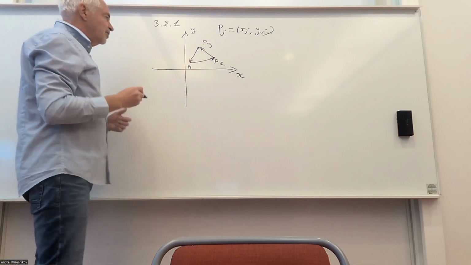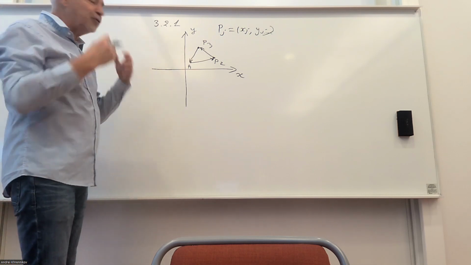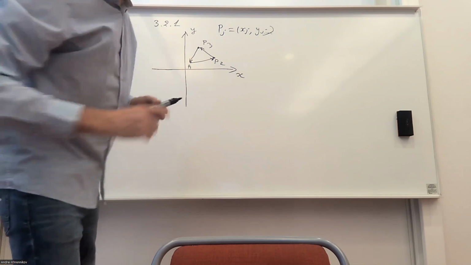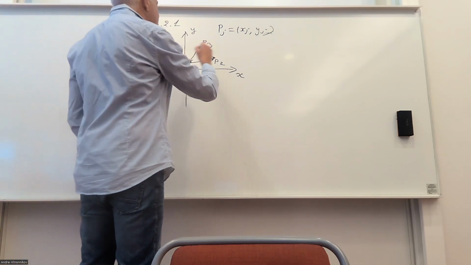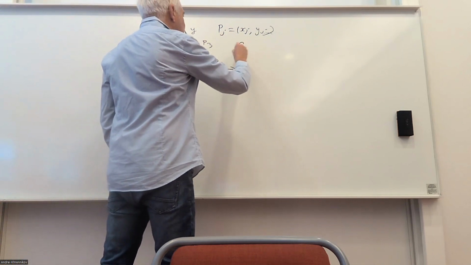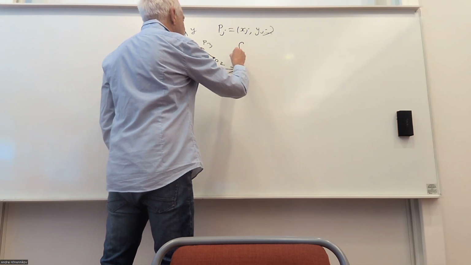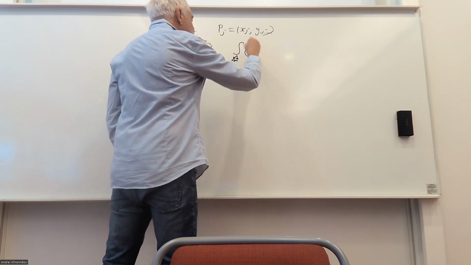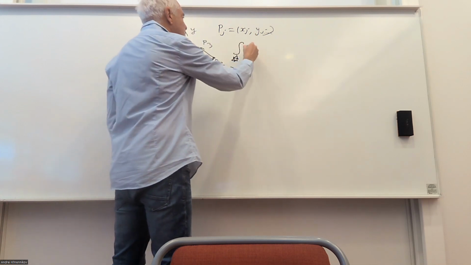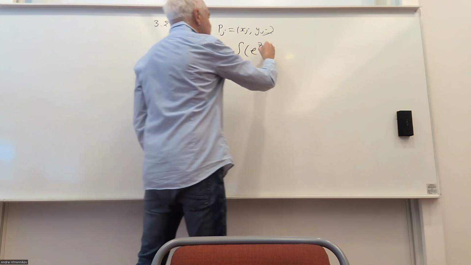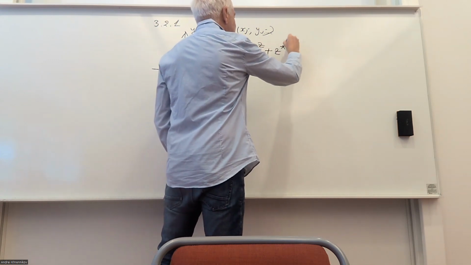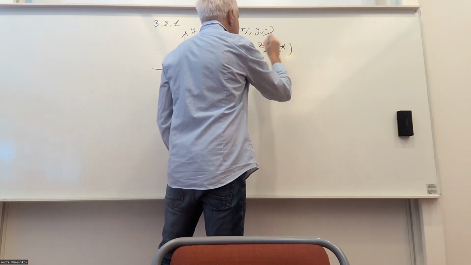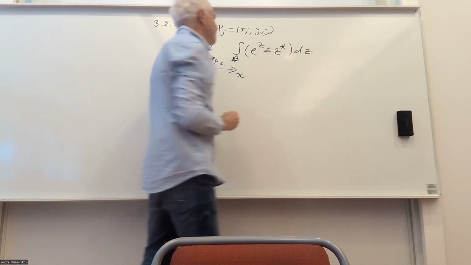Now, there was a combination of two problems in this exercise. First of all, it was an integral over a triangle, and here was some exponent of z plus z star or minus, it's just dz.